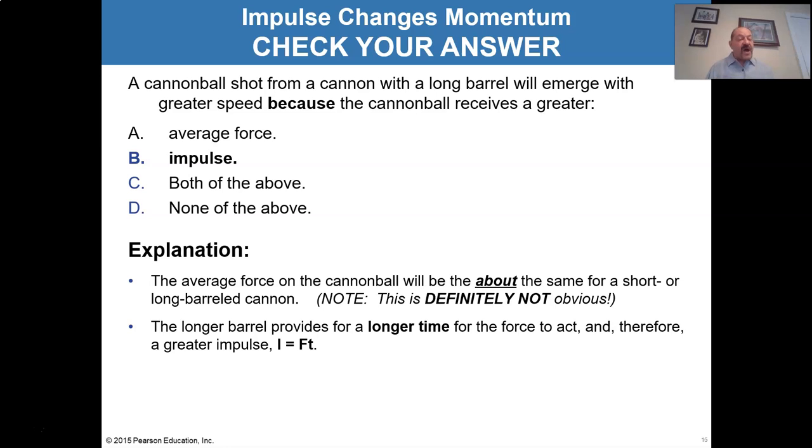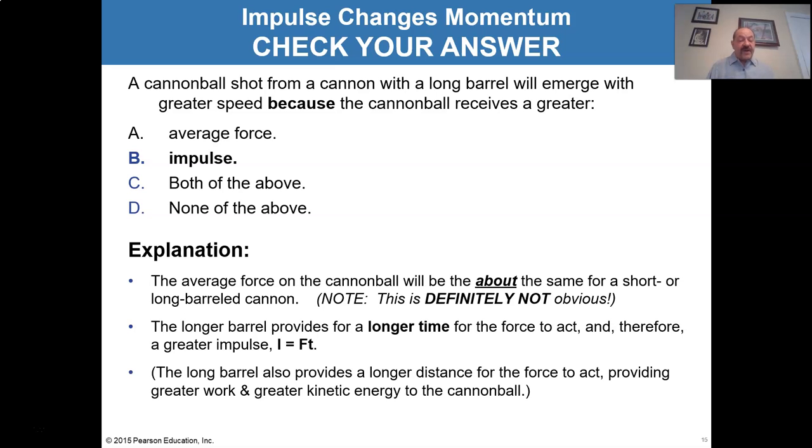So greater time in the longer barrel of a cannon or a gun or rifle will provide more impulse, more change in momentum, and therefore a greater speed, because we're not changing the mass of the object.